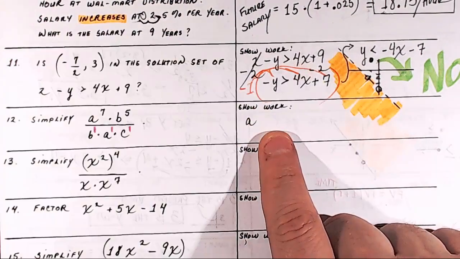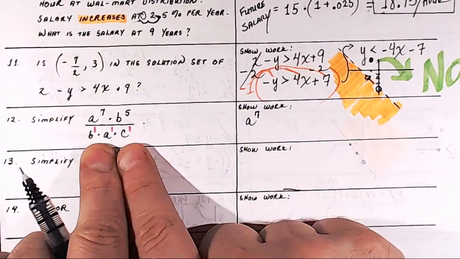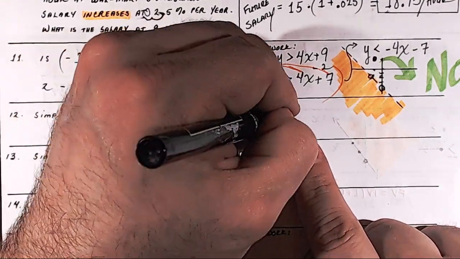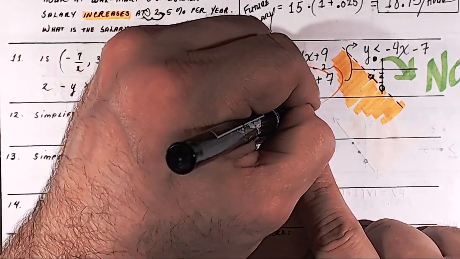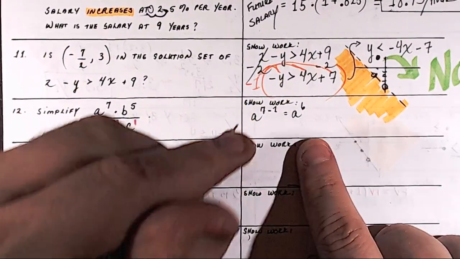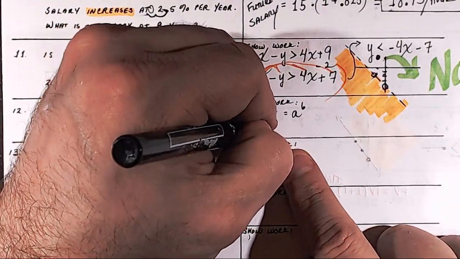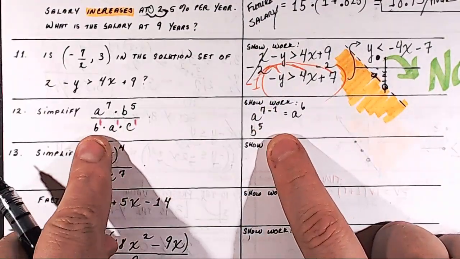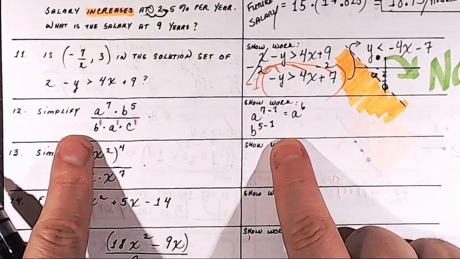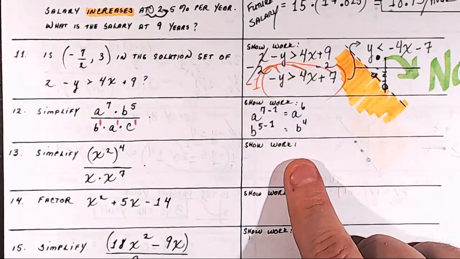So that would be a to the 7, and look in the denominator. I got a to the 1, so a to the 7 minus 1 equals a to the 6. And then I've got b to the 5 minus 1, because that's a 1, equals b to the 4.